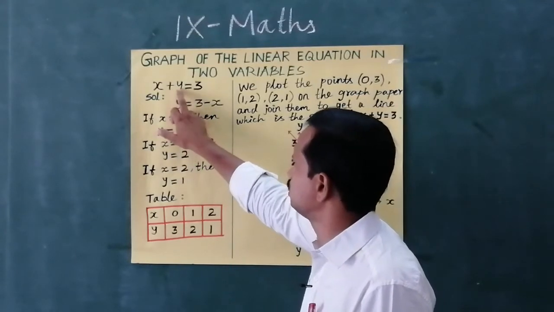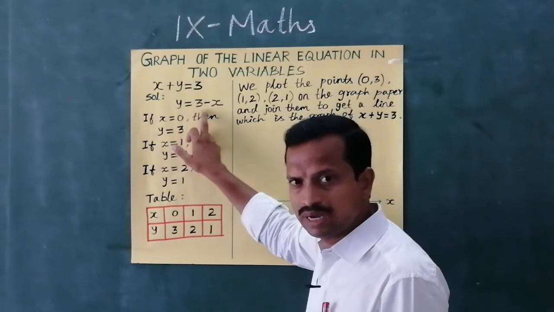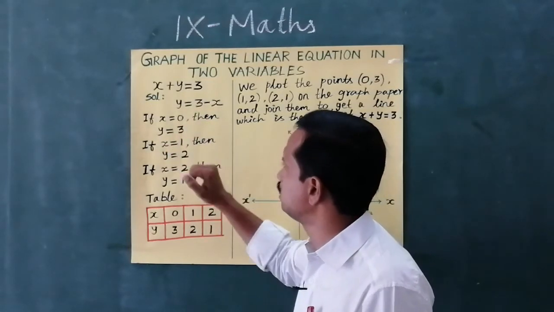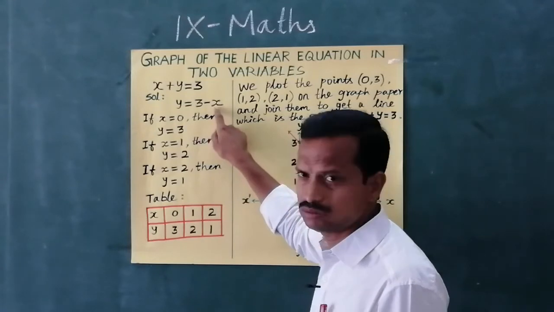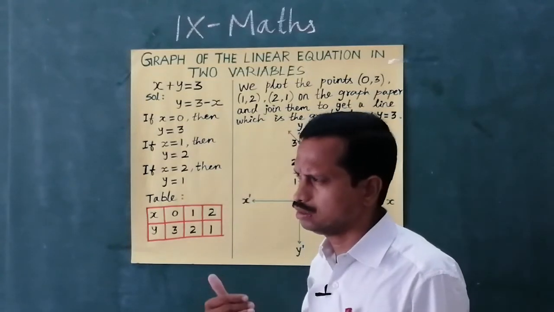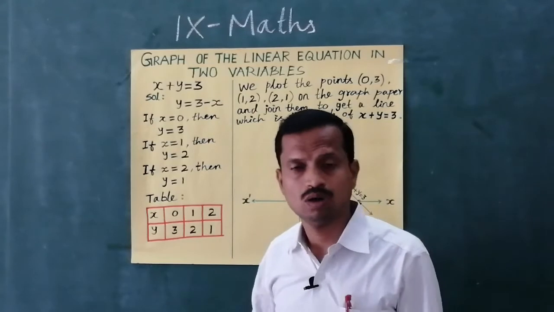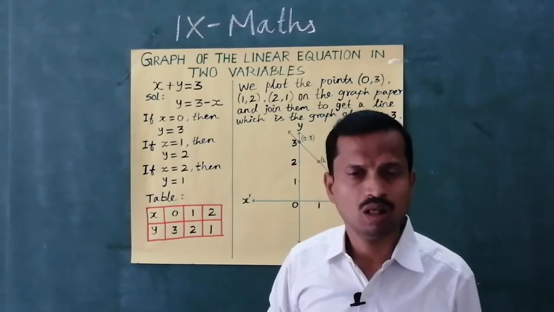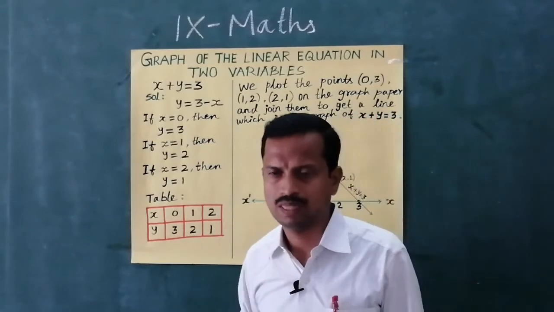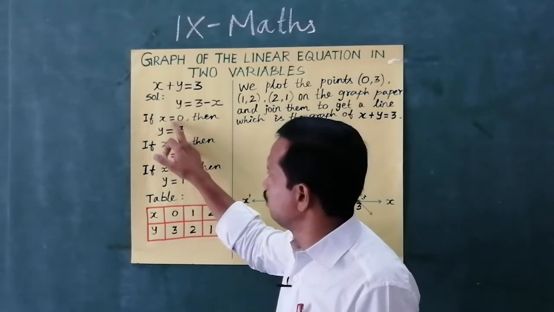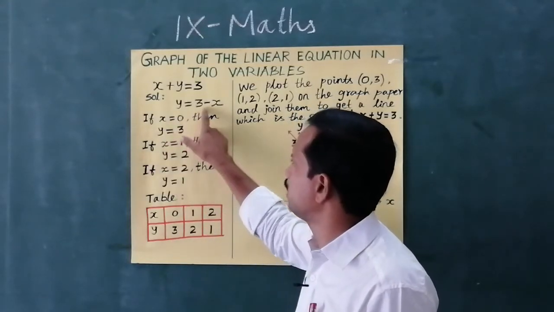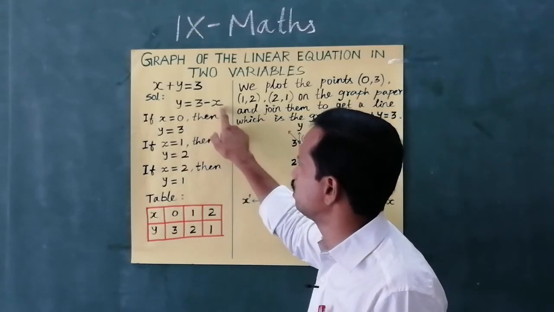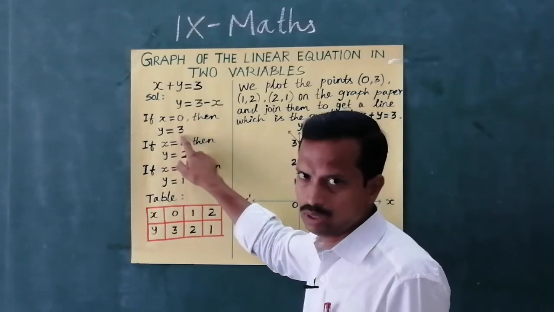I have written this as y equal to 3 minus x, and then we have to assume some value for x to get y. If x varies, the corresponding y also varies, that you know already. If you assume x equal to 0, then 3 minus 0 becomes 3, so y becomes 3.